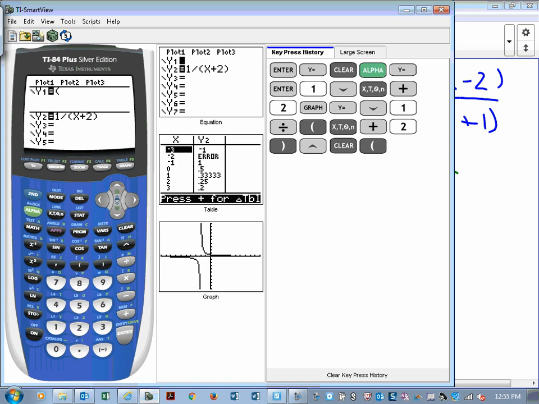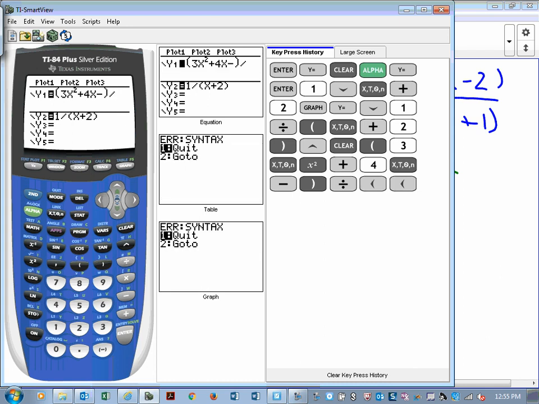Don't forget your parentheses. So it's not so extra.